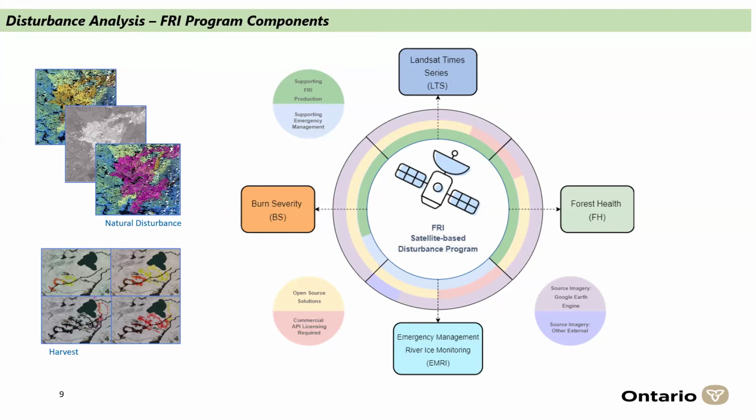So the commonality for all those components is that we're developing tools for data access, data acquisition, and also processing that can be leveraged and applied to the FRI program.